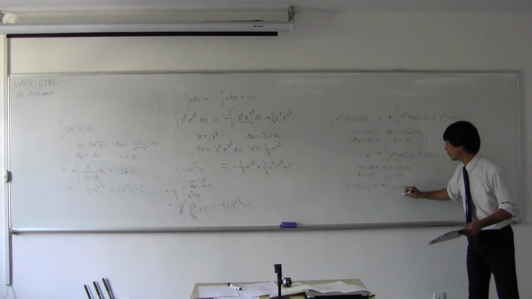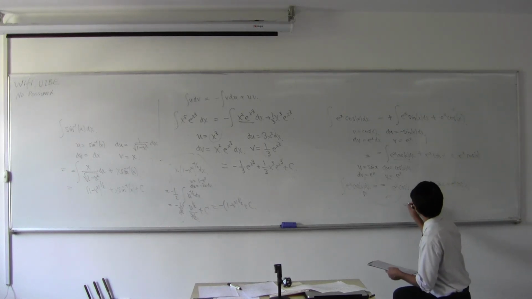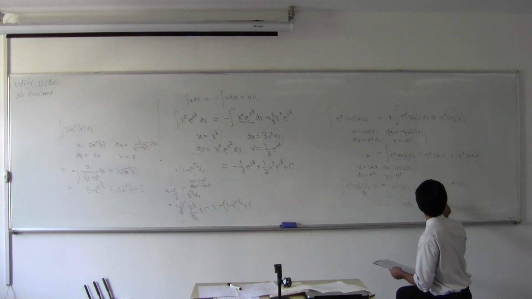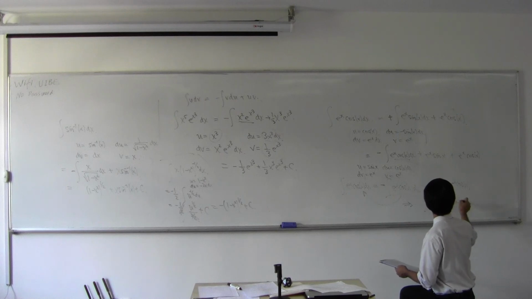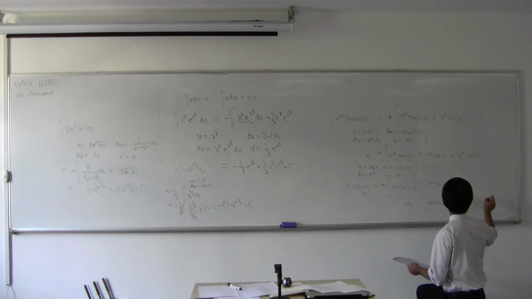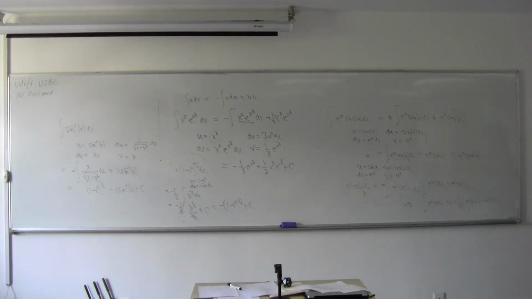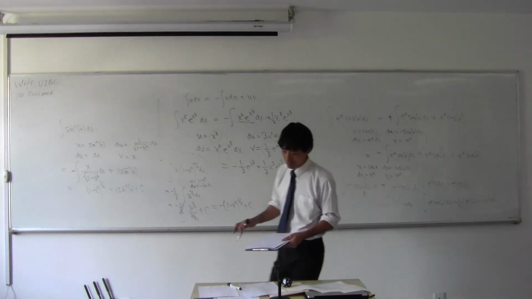Let's move this thing to the other side and then divide by 2. Divide by 2, and that tells us that our original integral equals 1/2 of (e to the x sine x plus e to the x cosine x). So this sort of thing sometimes happens when you're doing integration by parts.